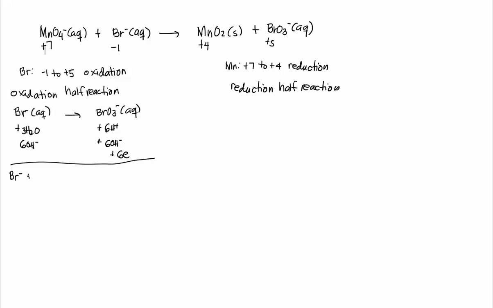Br minus plus 3H2O plus 6OH minus. On the right side, we have BrO3 minus. 6H pluses and 6OH minuses make 6H2Os. 6 electrons. H2O is common to both sides, so I subtract 3 H2Os from both sides.